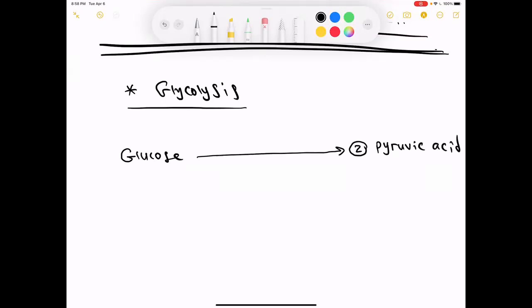I also said we are investing 2 molecules of adenosine triphosphate, but we end up generating 4 molecules of adenosine triphosphate, and this is by substrate level phosphorylation. So here you will have 2 adenosine diphosphate, and here you'll have 4 adenosine diphosphate.